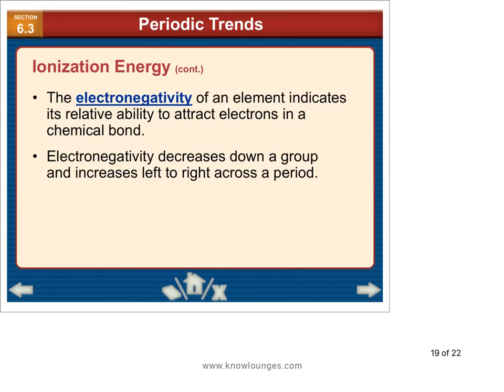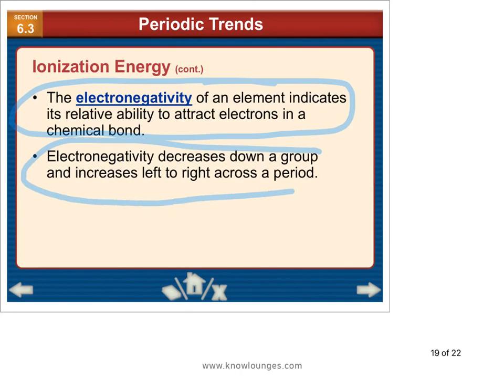And we get electronegativity. Another definition. The electronegativity of an element indicates its relative ability to attract electrons in a chemical bond. So it's somewhat the opposite of ionization energy. Ionization energy is talking about removing electrons. This one's talking about attracting electrons. Electronegativity decreases down a group and increases left to right.